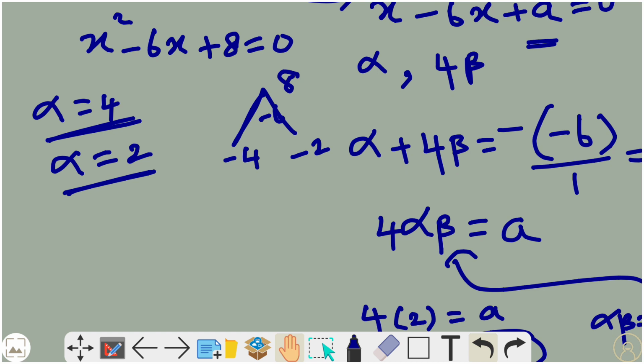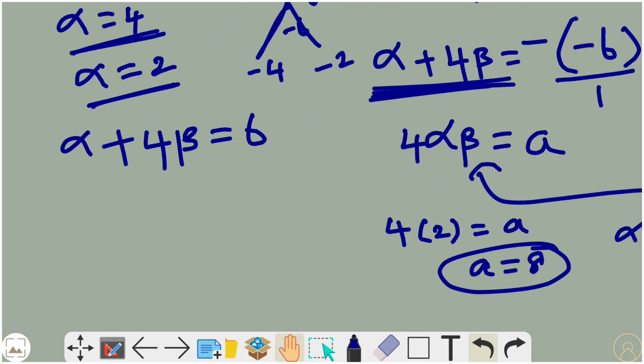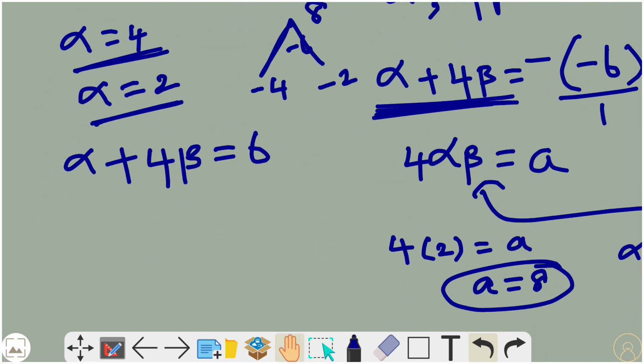How do we find it? Here we have alpha plus 4 beta equal to 6. Okay, now substitute alpha equal to 4. So 4 plus 4 beta is equal to 6.